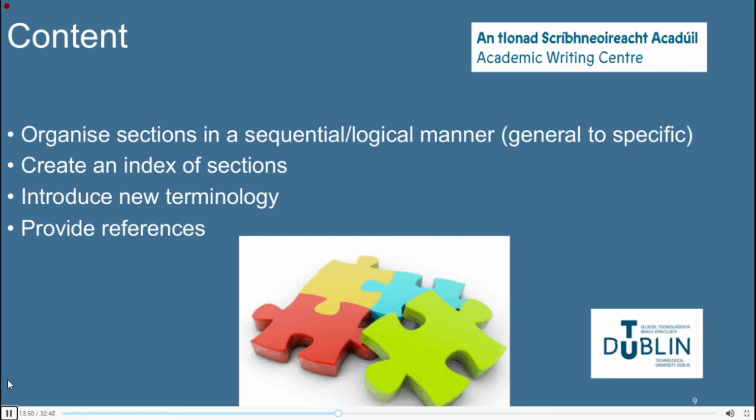So the general provides the context and the background, and you then go to the specific details for your topic and how you are applying it or analyzing it in a particular context. It is a good idea to introduce new terminology, new words in your presentation, depending on your audience and their level of knowledge, and always provide references to the ideas that you are exploring and presenting in your presentation.